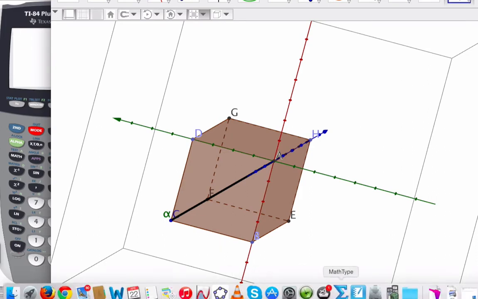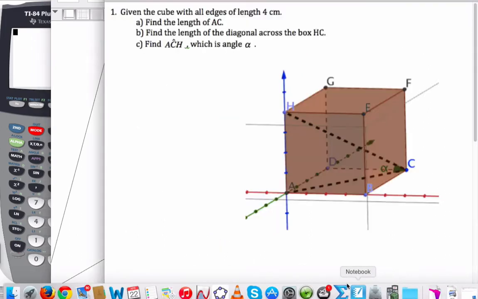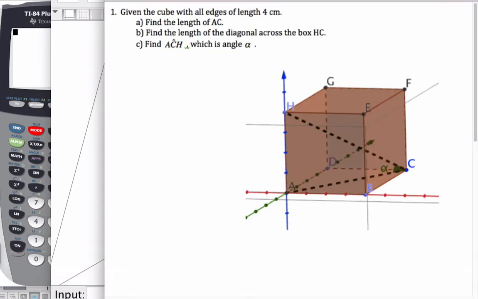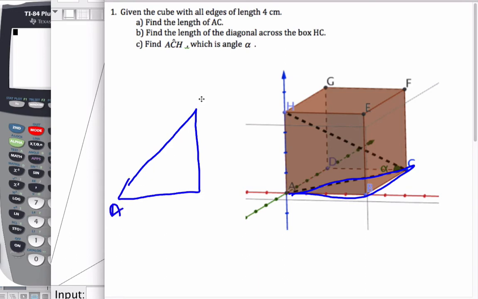So I can use the fact that it's a right triangle to find AC, because if I redraw this bottom triangle A, B, C, here's A, here's C at the bottom, and here's B. This is 4 because the edges are all 4, and this is also 4.